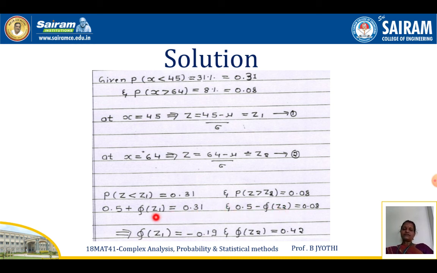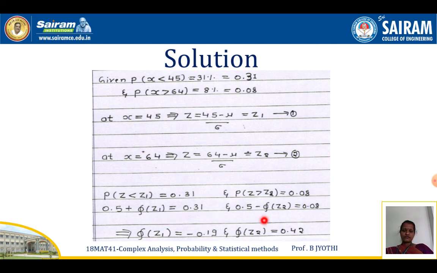But we don't know what phi of z1 and phi of z2 are, but we know the percentage. So we need to calculate phi of z1. From this, phi of z1 is 0.5 minus 0.31.